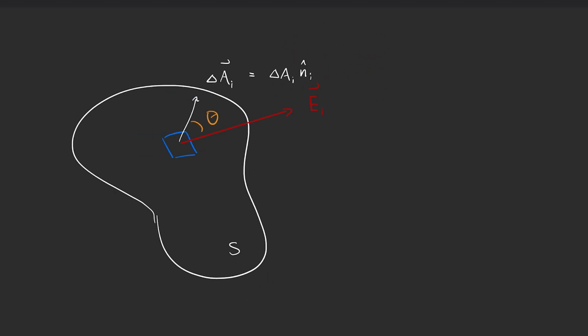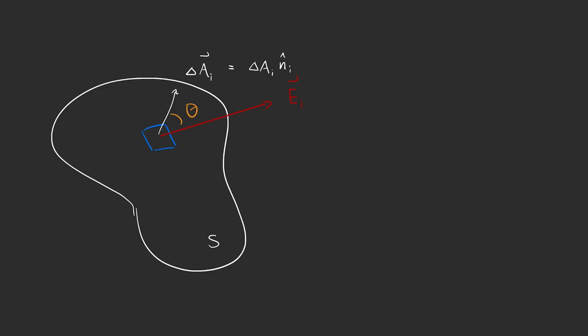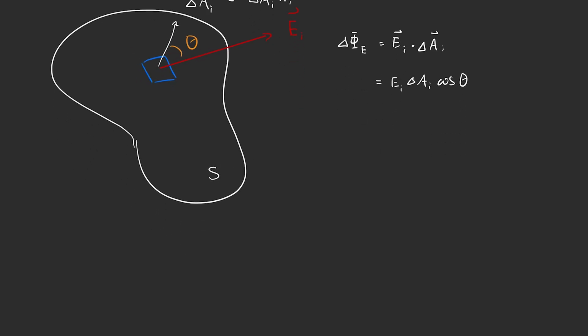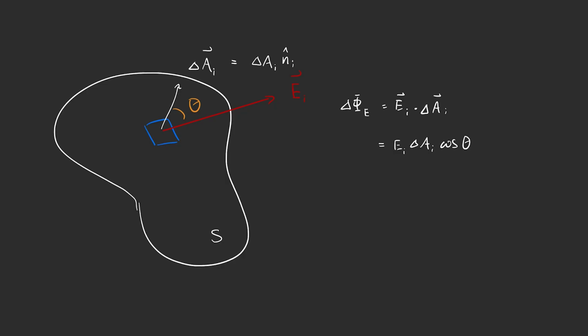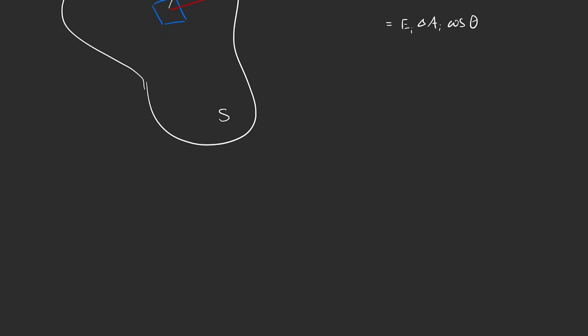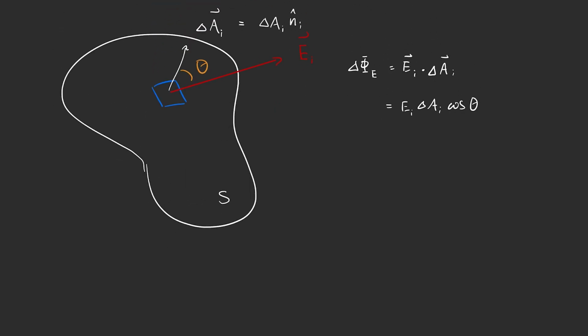So with this, the electric flux passing through each area element would be E sub i dot delta A sub i, which we know is the magnitude and cosine of theta, which is the angle between the electric field and the normal vector. And now that we have the expression for the flux through one area element, we can derive the flux through the entire surface.